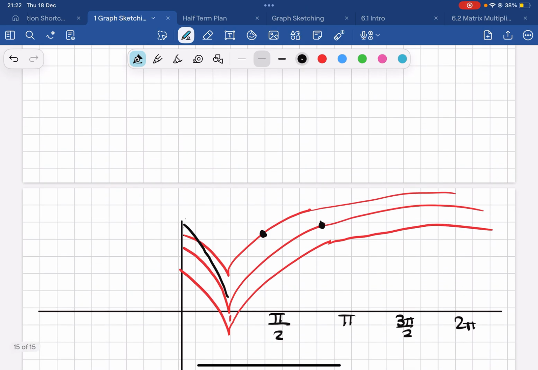Then for 3 pi over 2, we've got sin x as -1, so we go to mod ln x -1. For 2 pi, we're back up to mod ln x, since sin 2 pi is 0. So if we draw our dot to dot, something like this, and this would continue up.